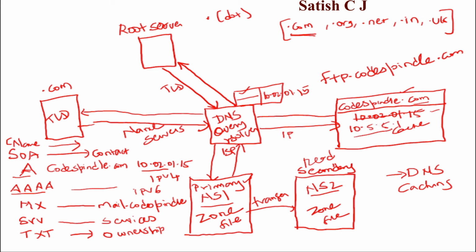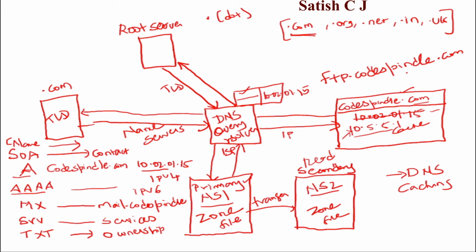I'm just giving it. So this is the hacker's IP address. So next time when you wanted to contact codespindle.com, if the hacker poisons your cache, you'll be diverted to his own IP, wherein he'll be hosting a fake site in the name of Codespindle, and then he'll be able to capture your credentials. So that is called a DNS cache poisoning attack.